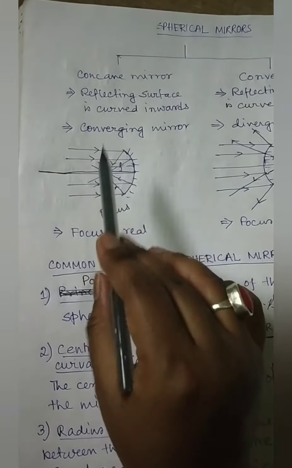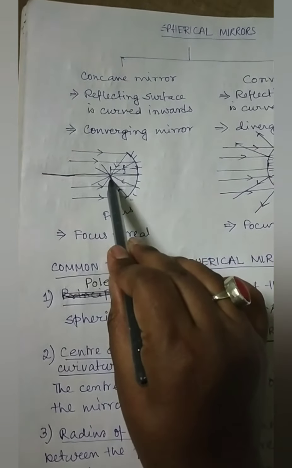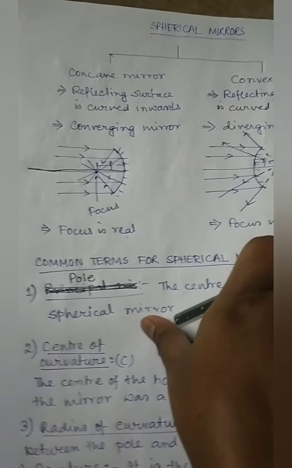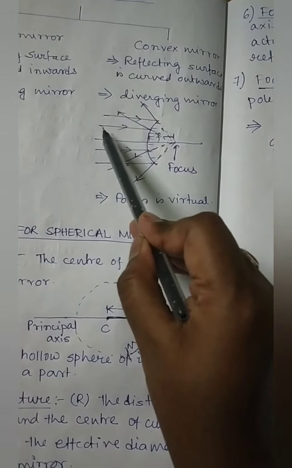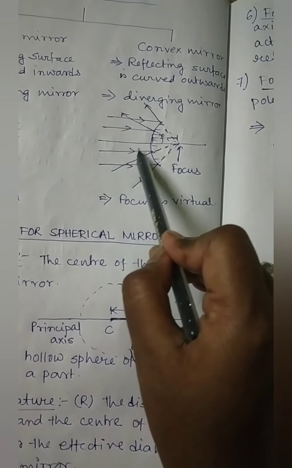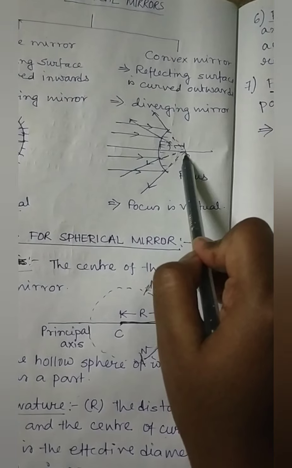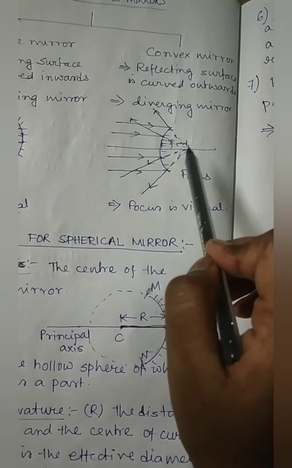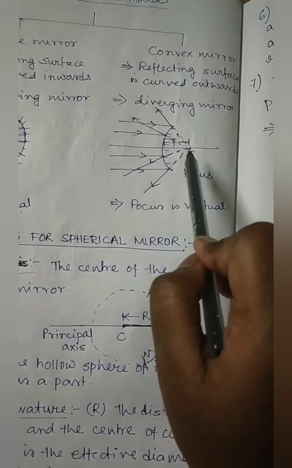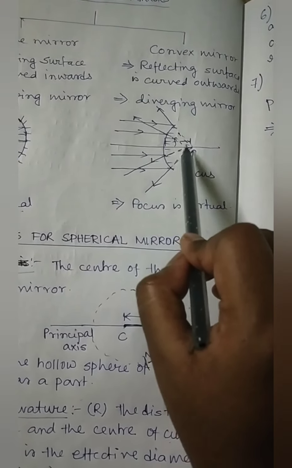In case of concave mirror, we have seen that the focus is real because they actually converge at this point. And in case of a convex mirror, the rays of light after traveling parallel to the principal axis, they appear to meet at a point which is called the focus. So this focus is virtual because this is imaginary focus and the rays appear to meet at a point.